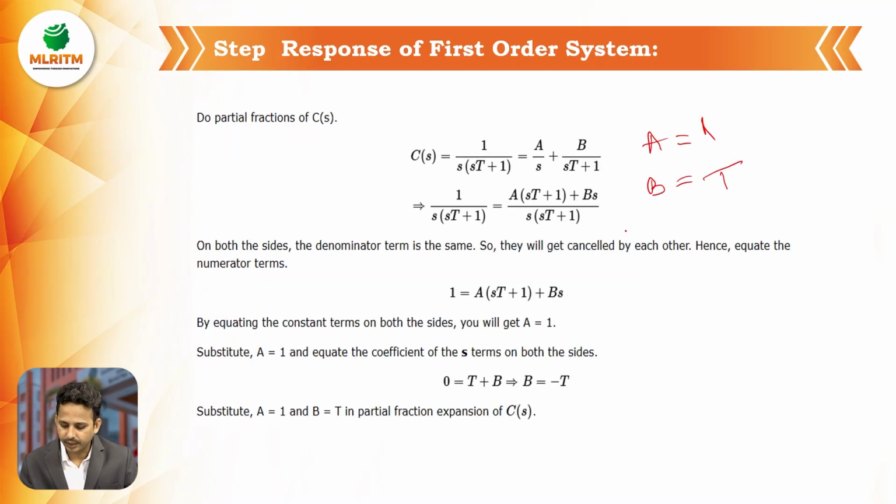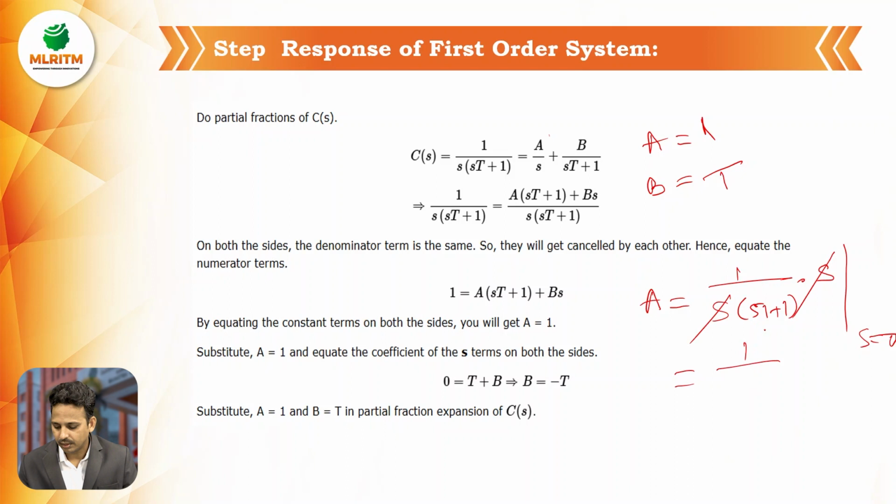Otherwise, I can find the A value directly using this concept: 1 by s into (s tau plus 1). The denominator of A is s, so multiply with s and substitute s is equal to 0. This s cancels, and we have 1 by (1 plus s tau), with s is equal to 0 substituted. So 1 by (1 plus 0) is 1.